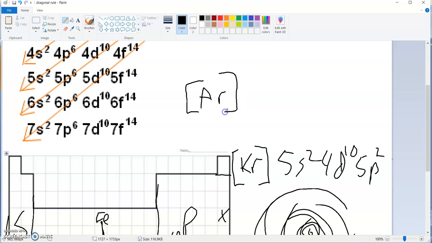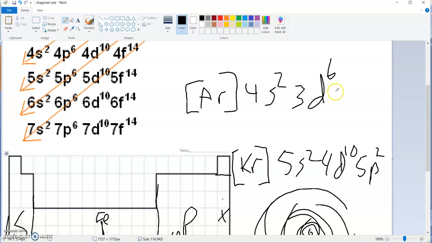Argon core. And then what? There's your argon. Begin with the row that iron starts in. 1, 2, 3, 4s2 right here. And then, continuing after 4s2, we go back to 3d, 1, 2, 3, 4, 5, 6. 3d6.